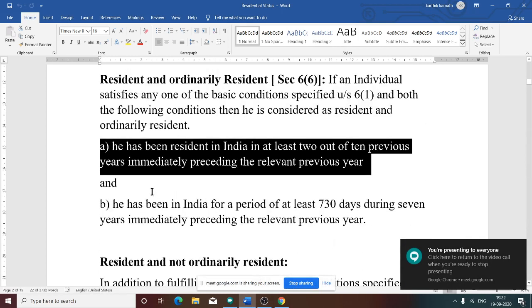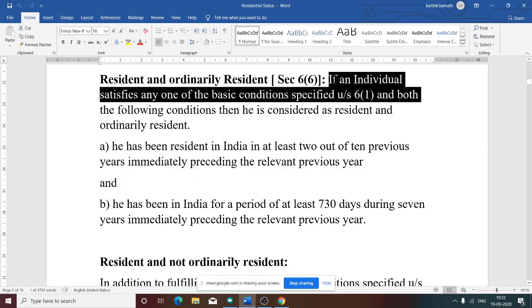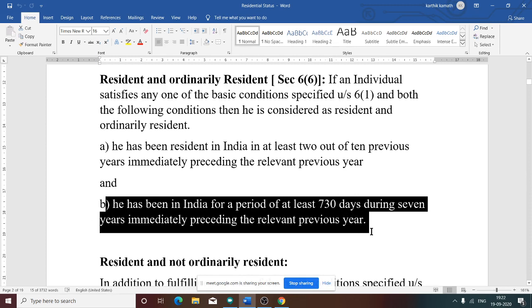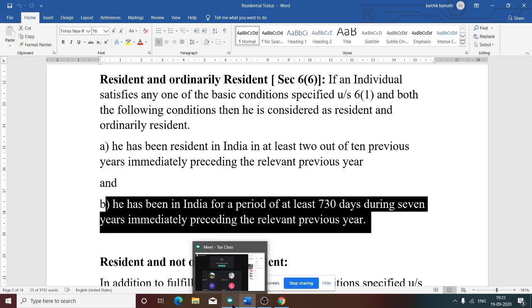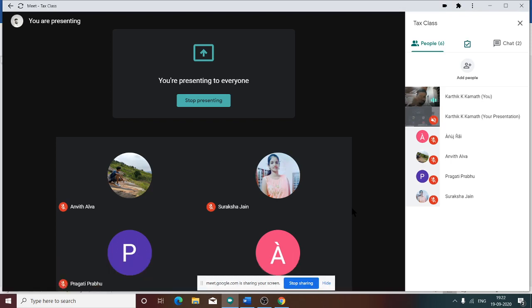Then second, and now you see here there is 'and'. Why is it 'and'? Because you need to satisfy both conditions. In the first case there was 'or', meaning any one of the conditions. Now the second additional condition: he has been in India for a period of at least 730 days during the 7 years immediately preceding the relevant previous year. 730 days is equivalent to 2 years, 365 into 2.